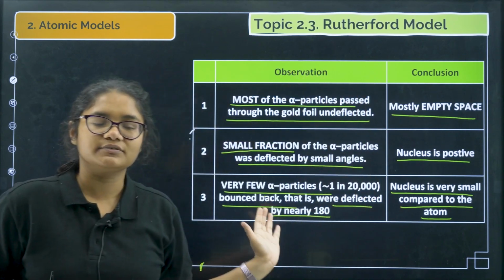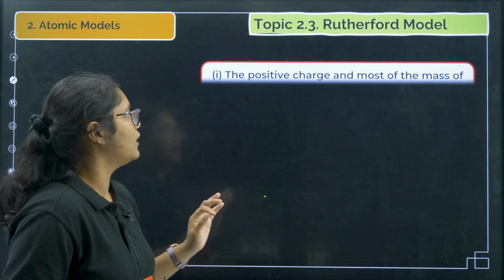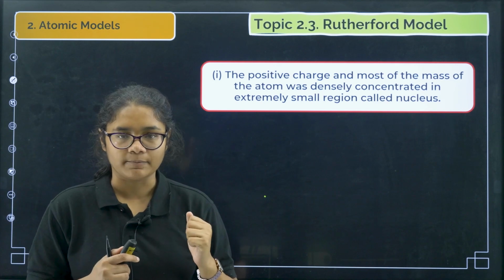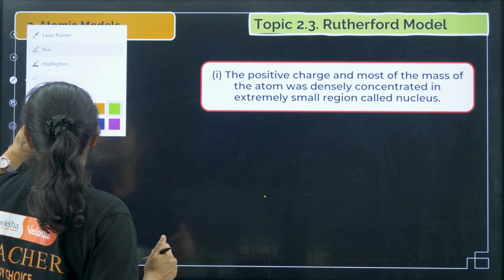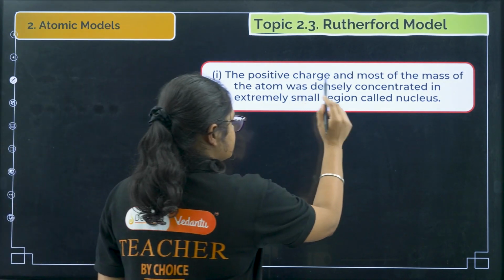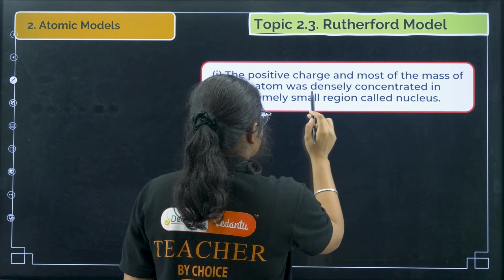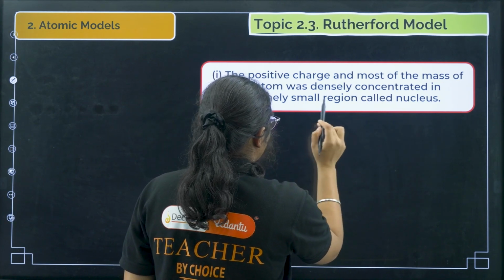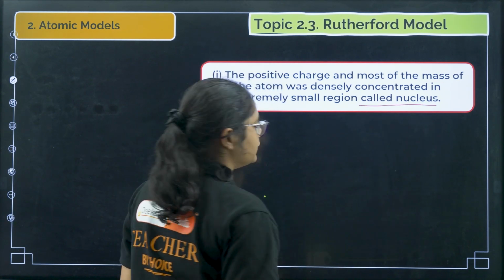Based on these observations and conclusions, Rutherford gave the model of the atom. According to this, what is the first point? The positive charge and most of the mass of the atom was densely concentrated in an extremely small region called the nucleus.